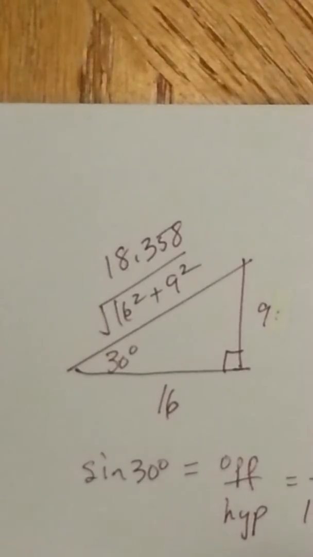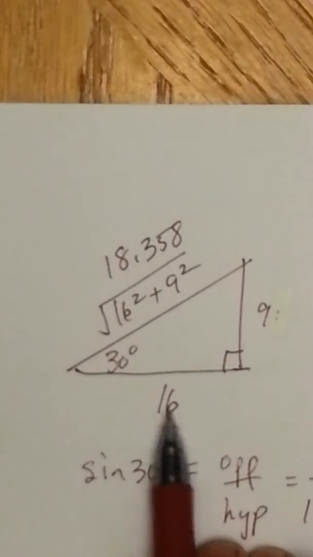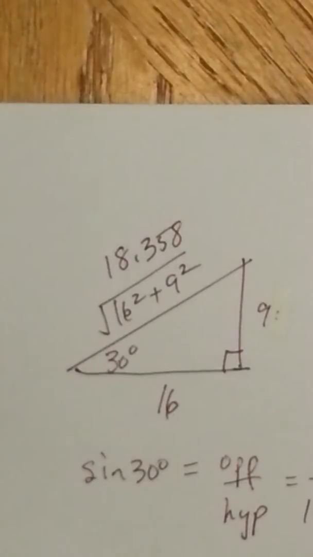Cosine of 30 degrees would be adjacent over hypotenuse, so 16 over 18.358. Tangent of 30 degrees would be opposite over adjacent, so 9 over 16.